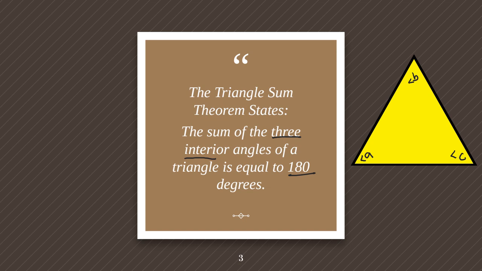It's the interior, think inside. So the inside angle measurements need to add up to 180 degrees. That means angle A plus angle B plus angle C needs to be equal to 180 degrees. And that's what the triangle sum theorem states.